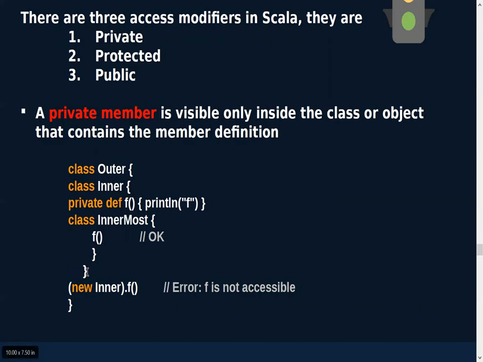This closing curly brace is the end of Inner, so anywhere till here is possible. After the Inner class and before your Outer class ends, this is not accessible. Up to here, this is accessible. And if you have any innermost classes also, even from inside them, you can access your private stuff.